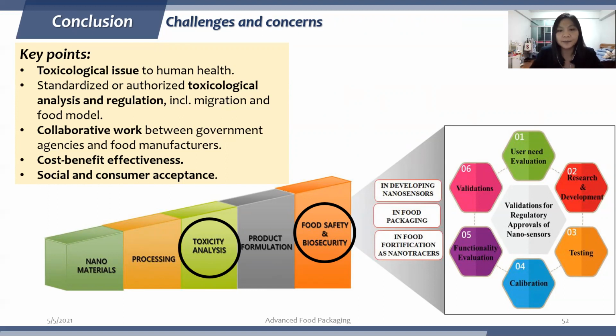It's not supposed to be toxic or harmful to human health. And the second one is cost-benefit effectiveness from the economic side, and also social acceptance, which needs to be reconsidered by the food manufacturers.